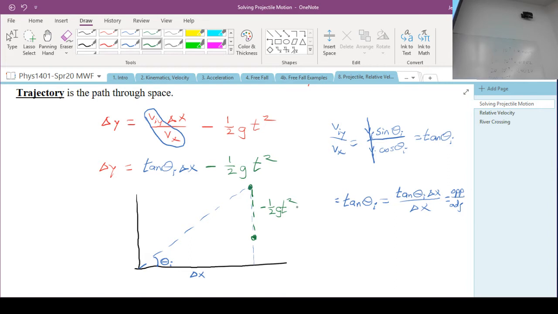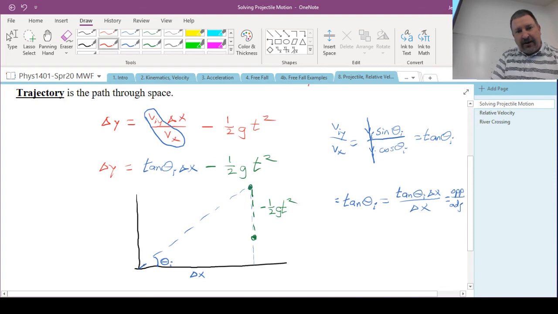And what the trajectory equation tells us is that the bullet's trajectory, which I'm going to draw in red, is going to fall away from the blue line by the exact same amount that the target is falling.